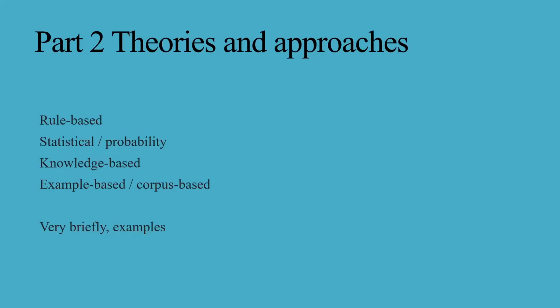So the researchers thought, well, maybe we can use the so-called statistical approach to help us decide which word, which option, or which sentence pattern is the most probable in doing translation.